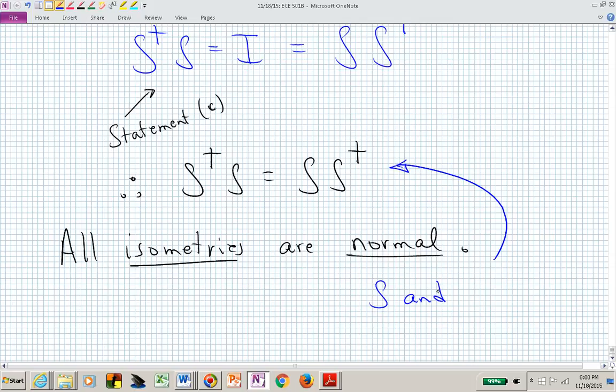S, let's say, commutes with its adjoint S dagger. And we'll stop at that point.